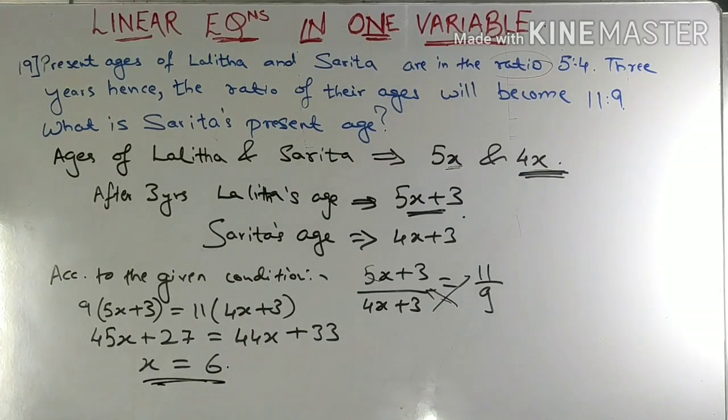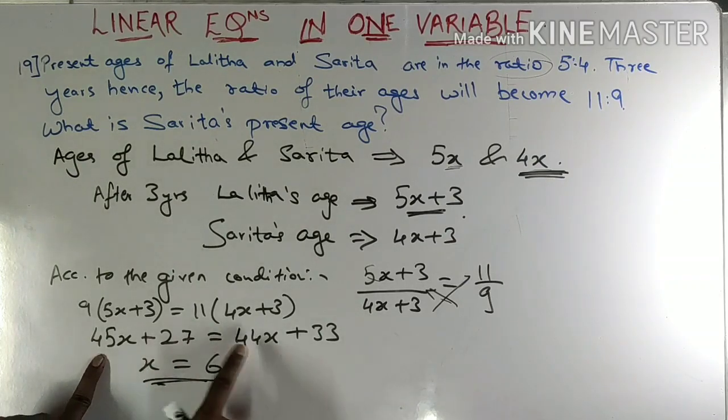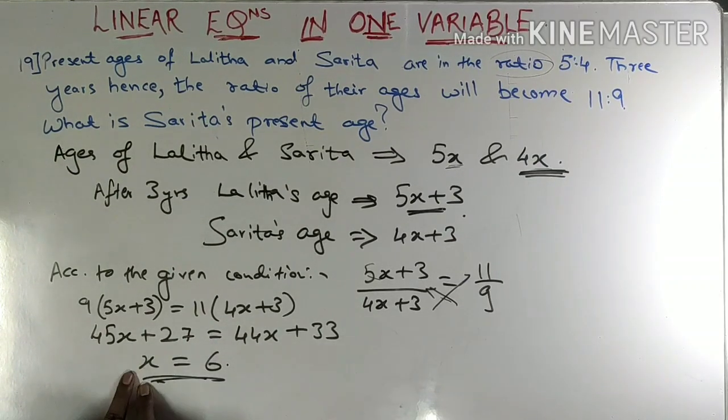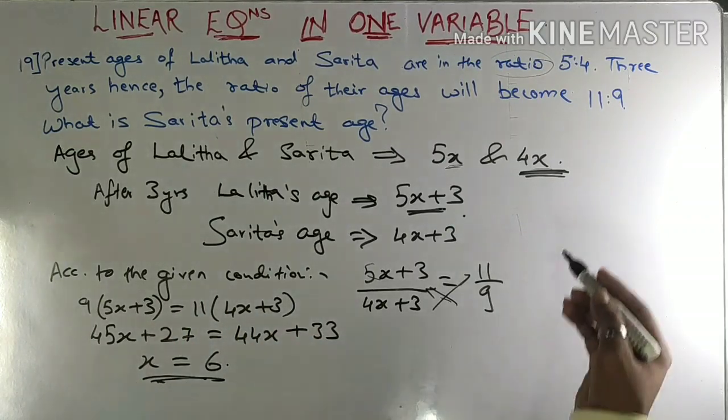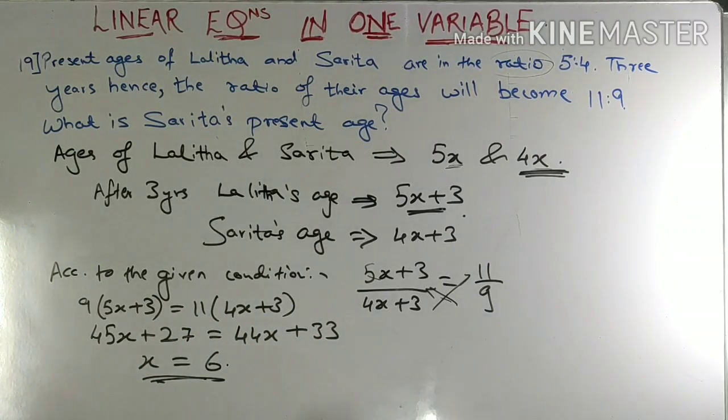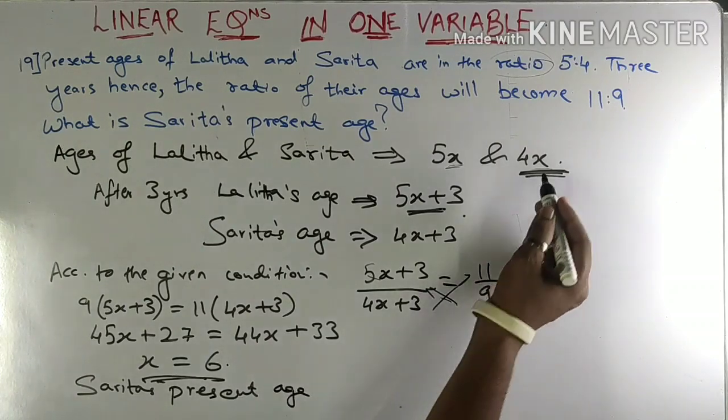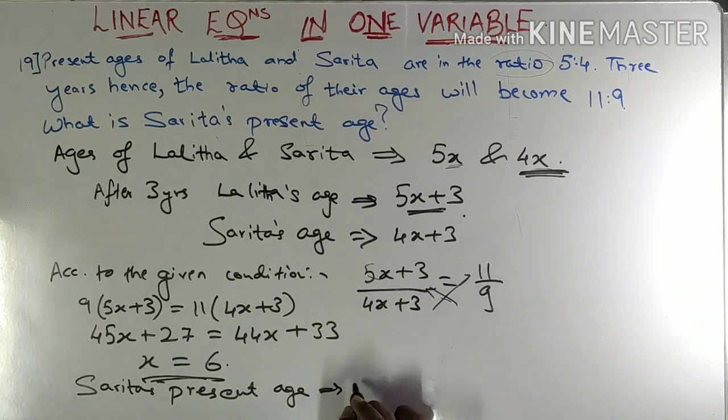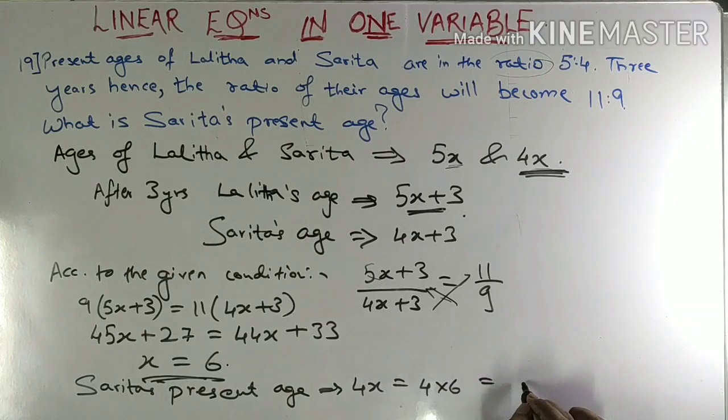So I have skipped one step over here. 45x minus 44x is x, and 33 minus 27 gives you 6. And what am I supposed to find? Sarita's age. So Sarita's present age is based on our assumption is 4x, which is nothing but 4 into 6, that is 24 years.